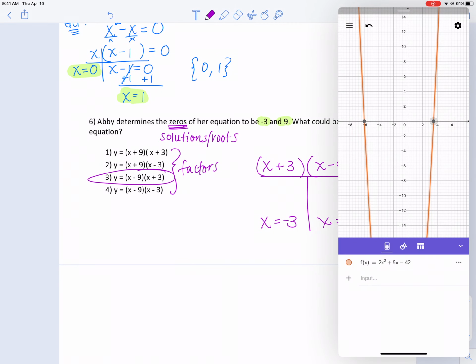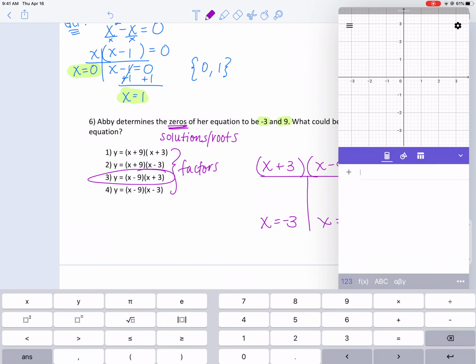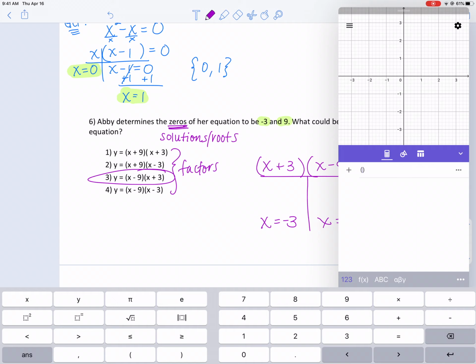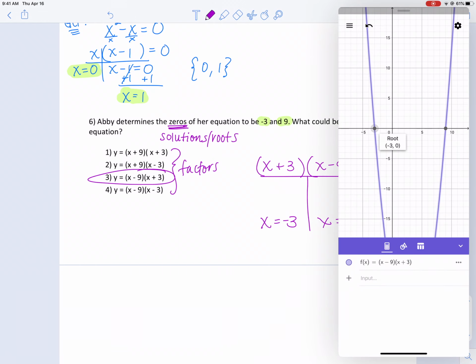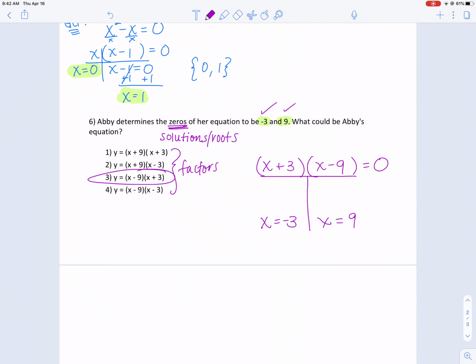If you put that in the calculator, so if I clear out what I had and I put in x minus 9 in parentheses and x plus 3 in parentheses, okay? Where are my solutions or roots? Look at that root, negative 3. Check. That's what we got. Look at this root, positive 9. Check. Okay, that's how you're going to check your answer.